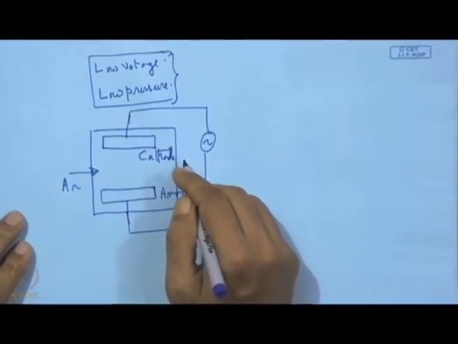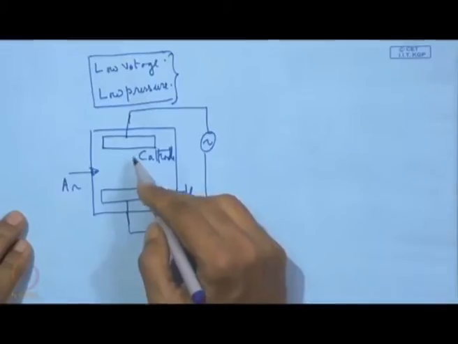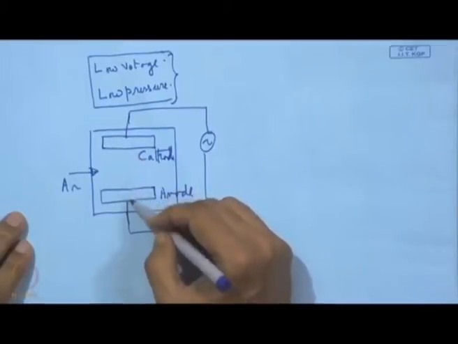That means we can immediately understand that these secondary electrons which become primary electrons in this plasma volume are not properly utilized if they have just a directional flow, and finally they are going to strike the anode. It can be one anode plate or the wall of the chamber, which can also serve as anode. However, when it is an alternating supply, alternating field, these electrons will keep on oscillating.